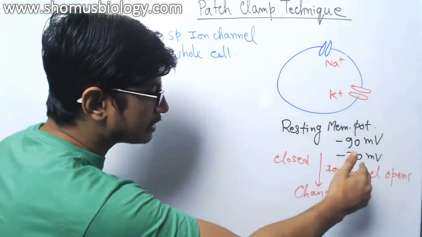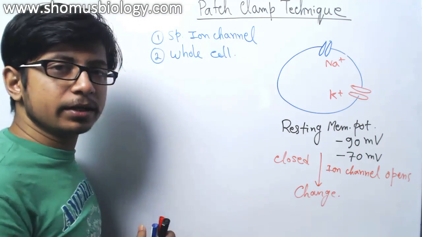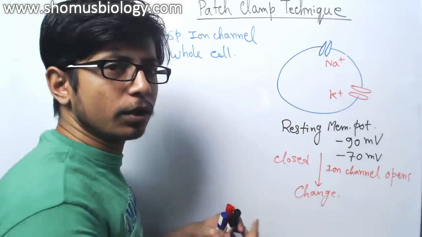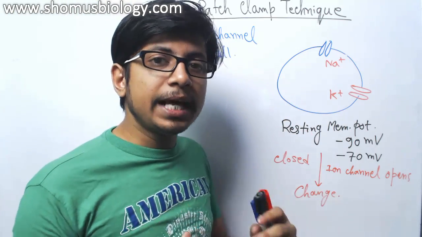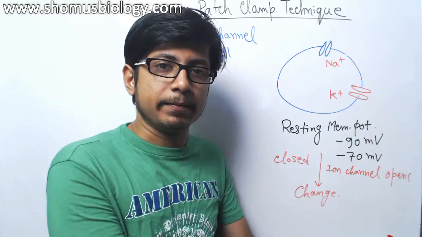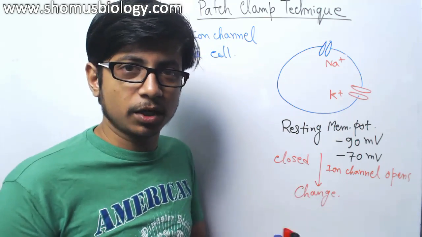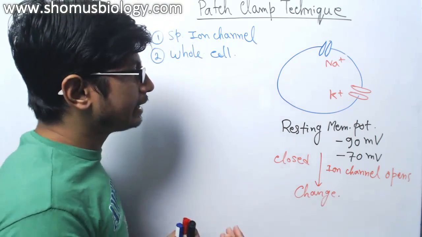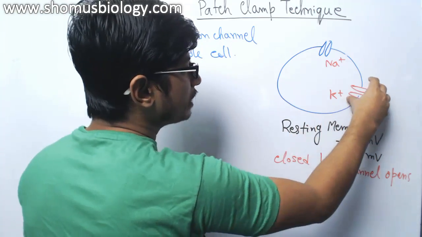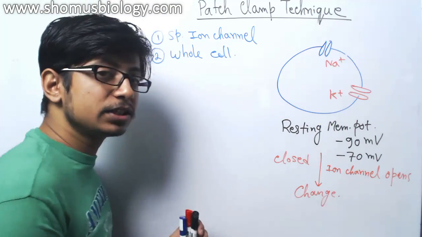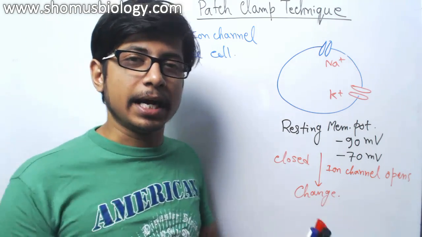These sequential stages are tightly regulated by different opening and closing of different ion channels. For that, we need to do it in real time. You cannot simply scrape open some part of the ion channel and check it. It's not possible. So what technique can be used to measure the activity across a single ion channel in real time?